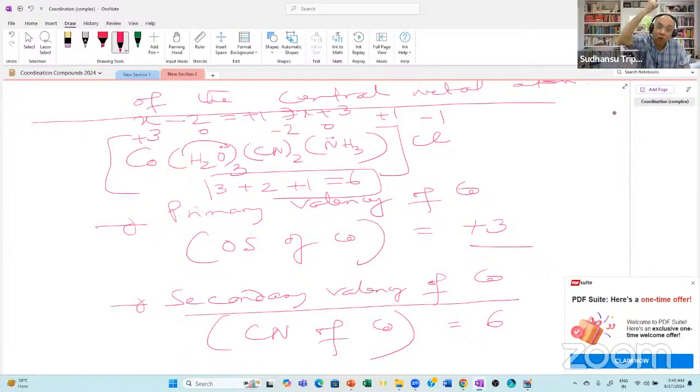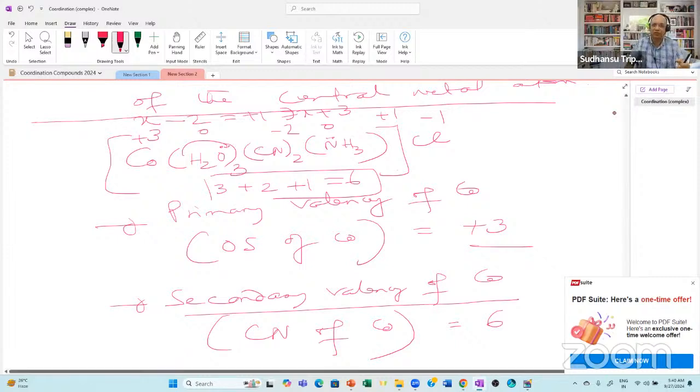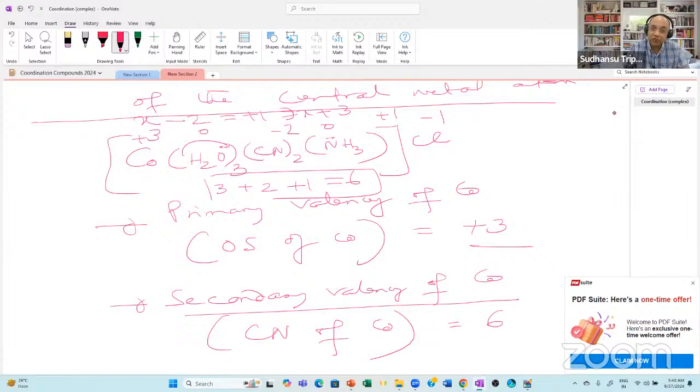But he only got 2 geometrical isomers. That is only possible if the geometry is octahedral, not prismatic or hexagonal. I will discuss this in detail in our isomerism program, in the stereoisomerism program.